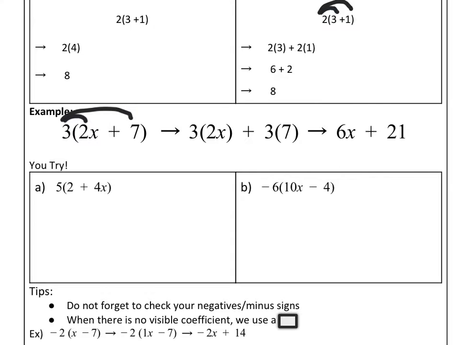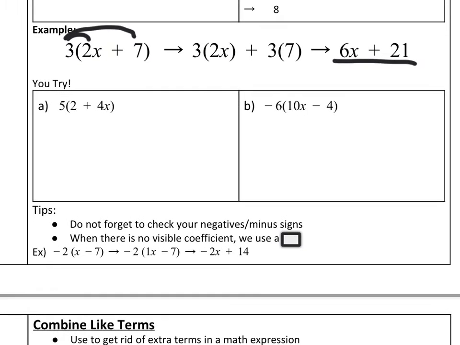That gives us 3 times 2x plus 3 times 7. And when we have this 3 times 2x, we just multiply 3 times 2 to get 6x, and 3 times 7 gives us 21 and a solution of 6x plus 21. You try that process out in these next two, and then we'll go over them together.